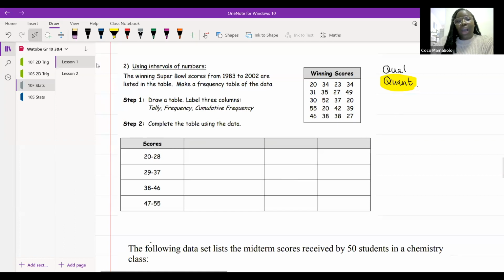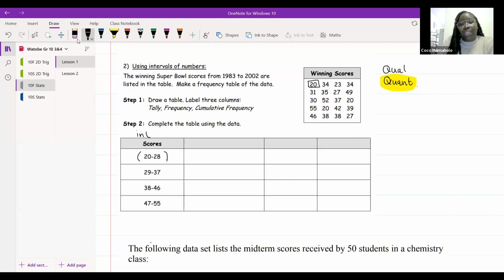I want you guys to note that because there's too many numbers, we can't put a column for each. I can't do a column for 20 and then 21 and then 22 and then 23 and then 24 and then 25. We would be here forever. So instead, we're going to bunch them up into intervals.